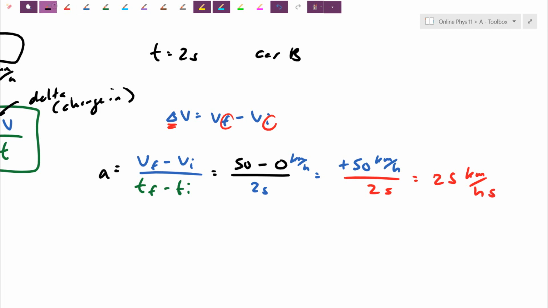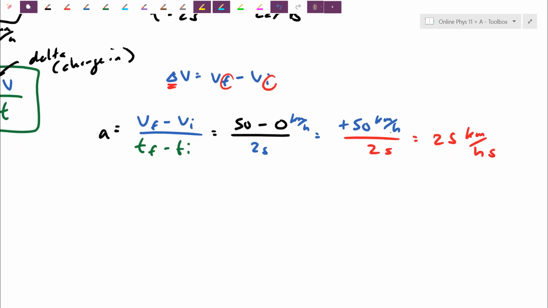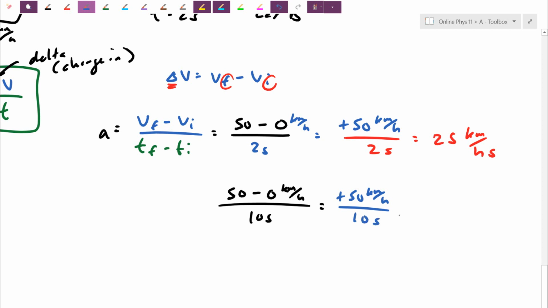Let's compare that to the other car. This was the one with the faster acceleration. The other car also goes 0 to 50. Again, I have 50 kilometers per hour like that. I'm going to divide it, but the other car took 10 seconds to actually get up to that. In total, you still have increased by 50 kilometers per hour. But this one took you 10 seconds of time to do it. 50 divided by 10 is only a 5.